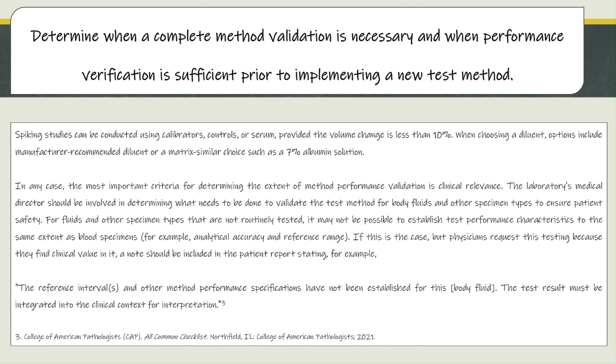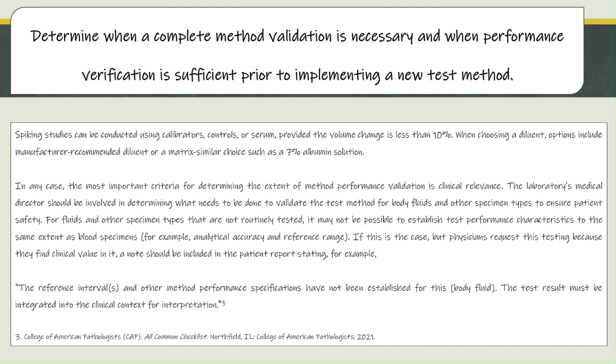In any case, the most important criteria for determining the extent of method performance validation is clinical relevance. The laboratory's medical director should be involved in determining what needs to be done to validate the test method for body fluids and other specimen types to ensure patient safety.